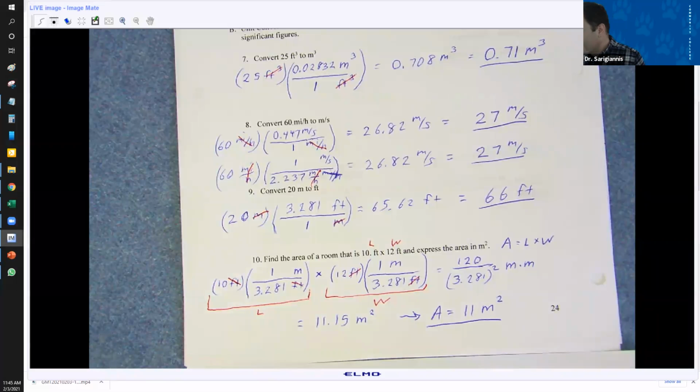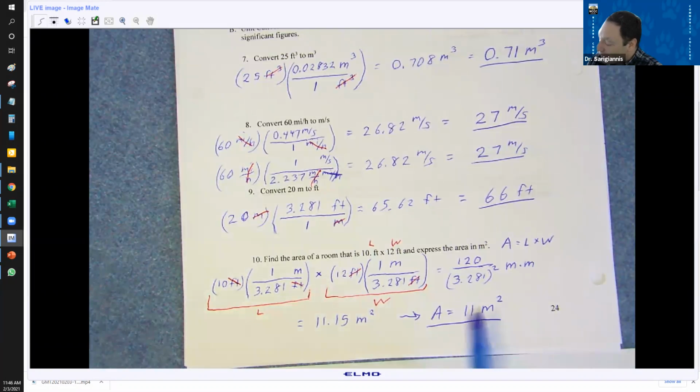First of all, let me clarify something. All the tests are multiple choice. So if you round a little differently and get 11.15 or 11.16, one of my answers would be 11.